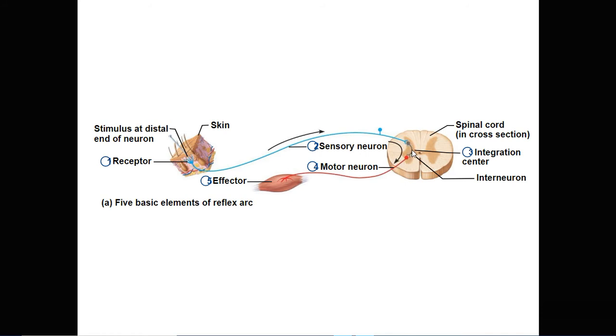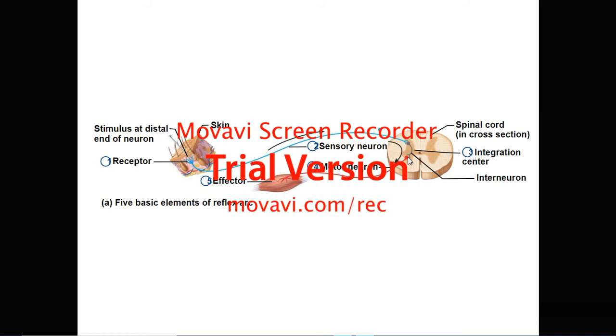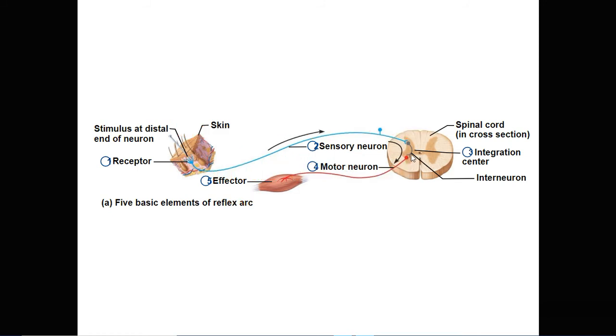So you might say, what's the point of the interneuron? And sometimes you will want to activate a muscle and then inhibit a different muscle. So when you have these interneurons and these different connections, it allows you to do more than one thing, essentially.